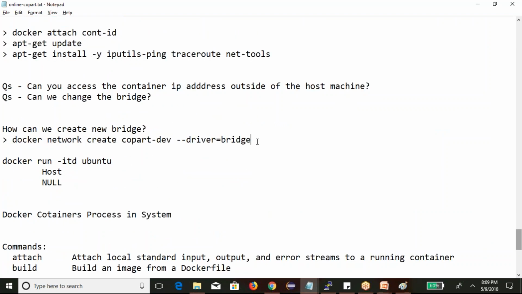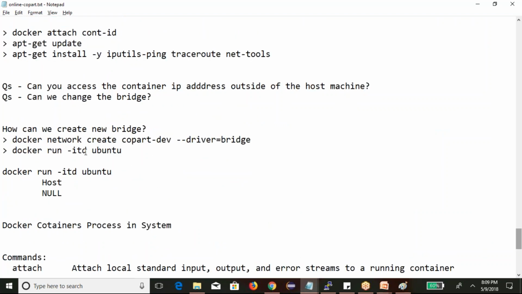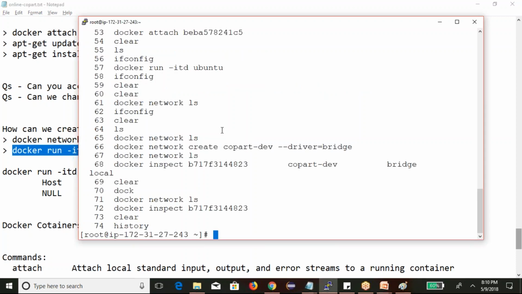So here, docker run. If you want to create it using copart-dev, then you have to give --network equal to this one. So now let me create the container.